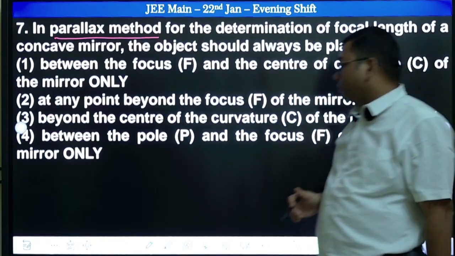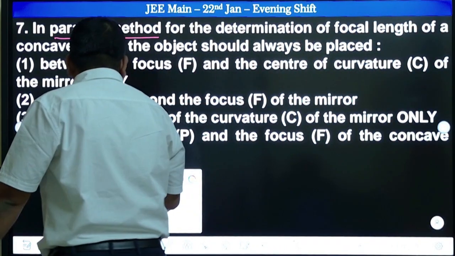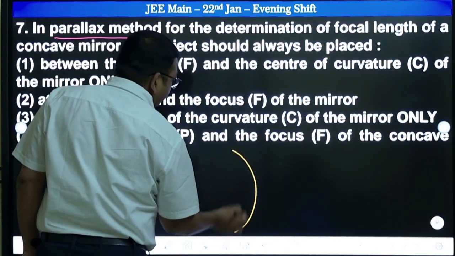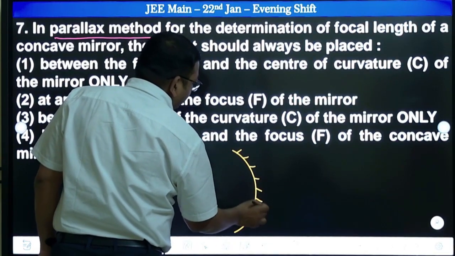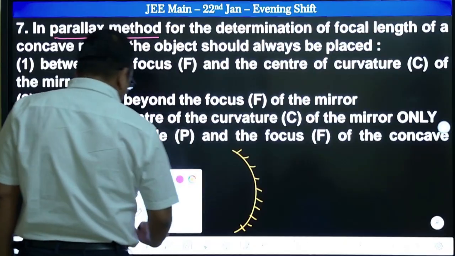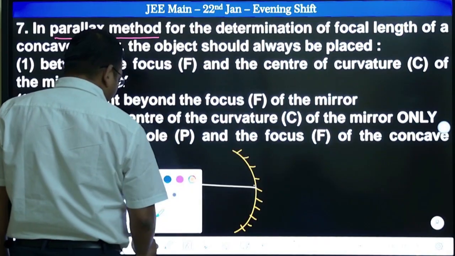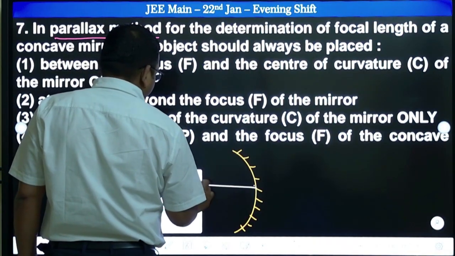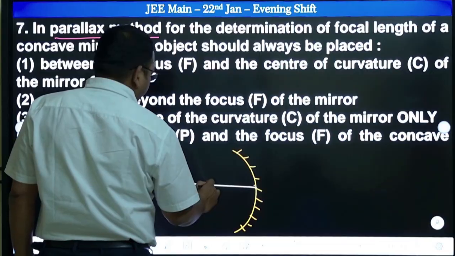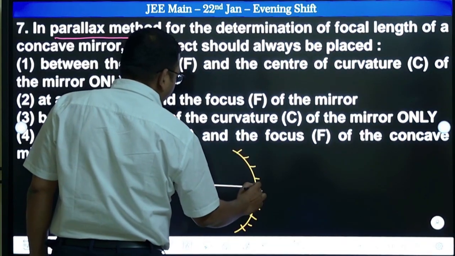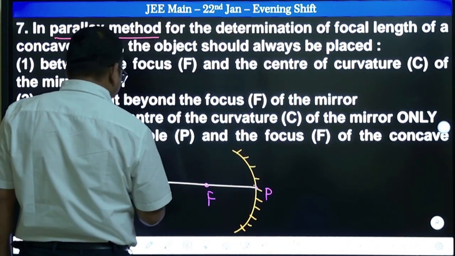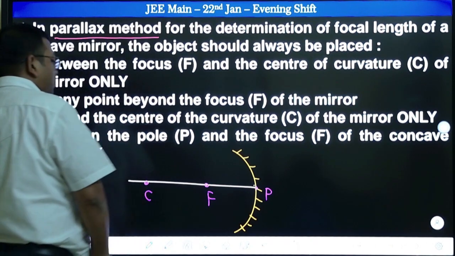So what is this question? Let us think about it. So there is a concave mirror, and you consider this is the principal axis. Suppose this is focus, this is pole, this is center of curvature, this is beyond.